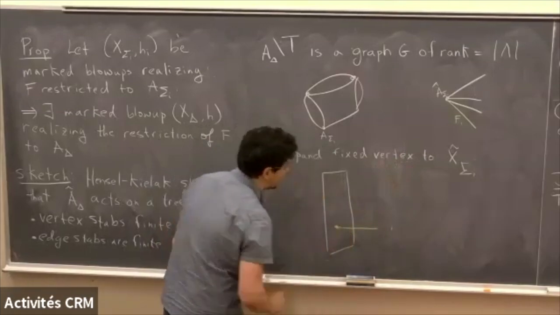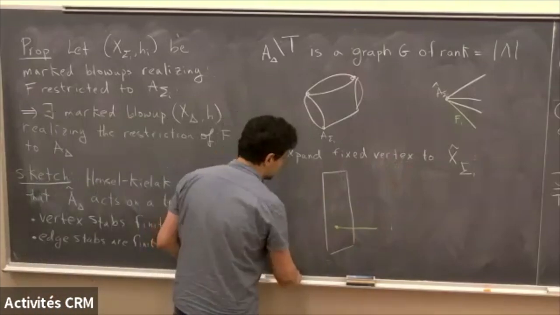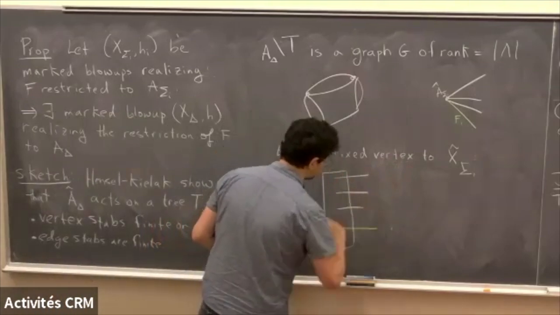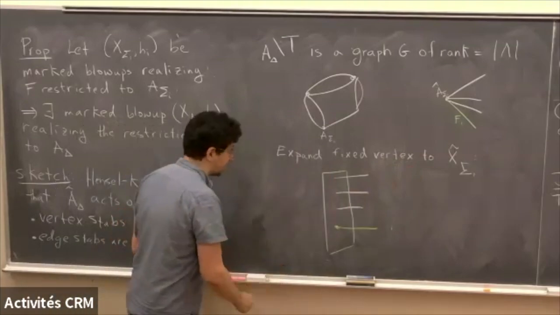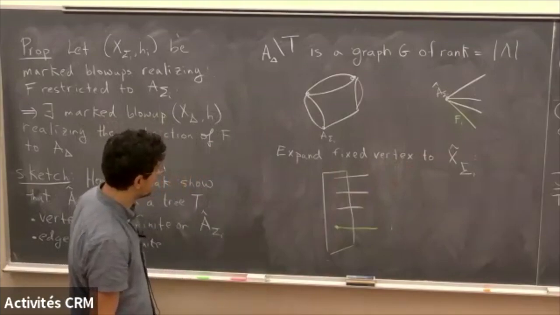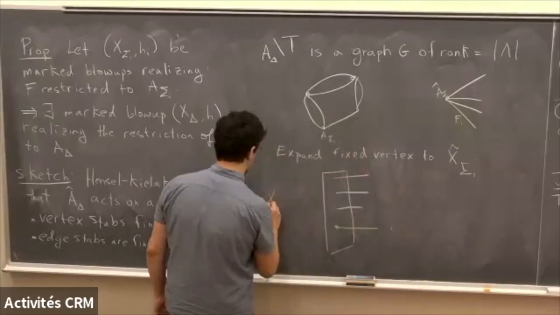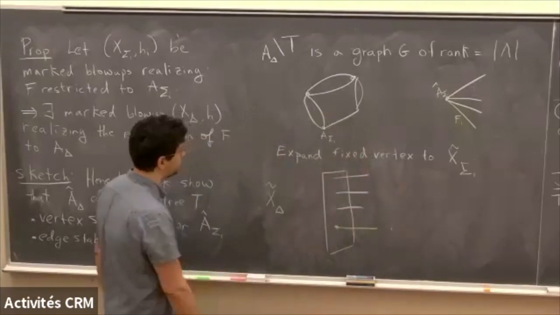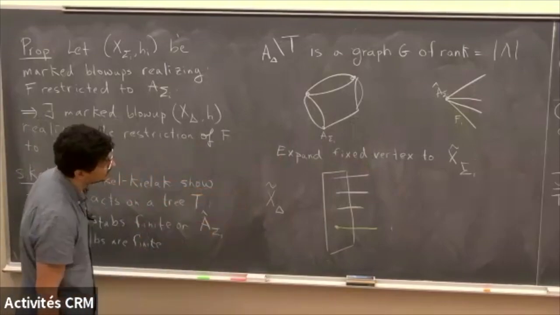And now I can attach that edge to the fixed point that I see there. Okay. And so you do that for all these edges coming in. And now you get a nice action, a proper cocompact action. So now this will be X delta twiddle. And now the point stabilizers are finite.